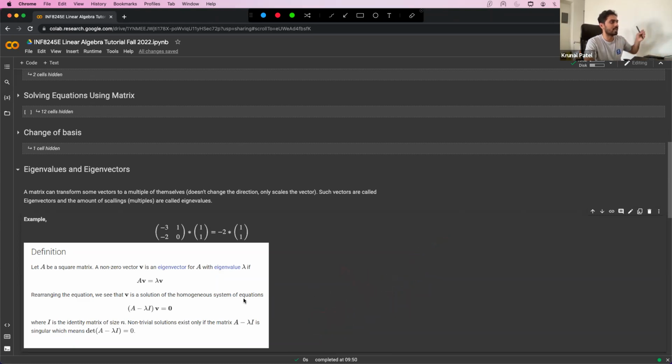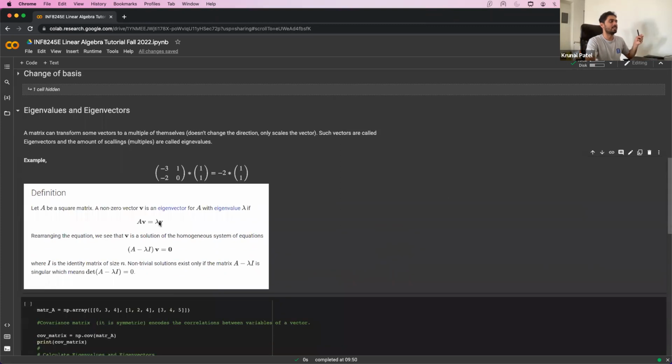So how do we find those eigenvalues? It's basically using those matrix equations. What we were doing is trying to solve this equation. When we try to solve this equation, it is equivalent to putting this on the left-hand side and multiplying this lambda with I. When we solve this, it will give us the answer, right?